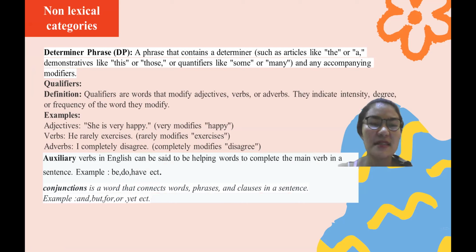Determiner phrase, DP: a phrase that contains a determiner such as an article like the or a, demonstratives like this or those, quantifiers like some or many, and any accompanying modifiers.